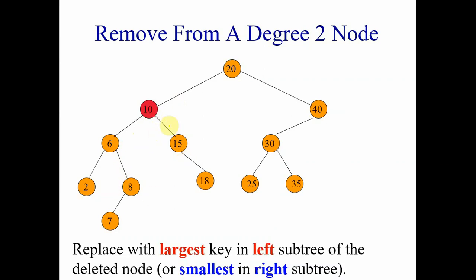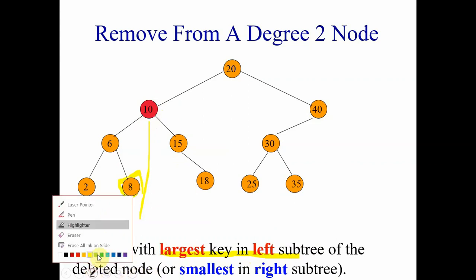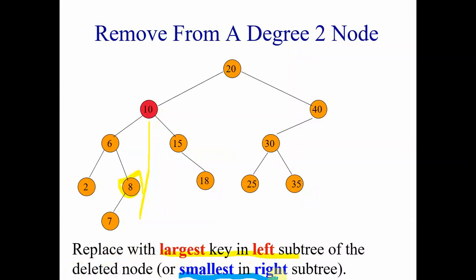So in this case, you can replace it with the largest key in the left subtree of the deleted node. For this case, it would be 8. Or you can choose another option, which is the smallest key in the right subtree.